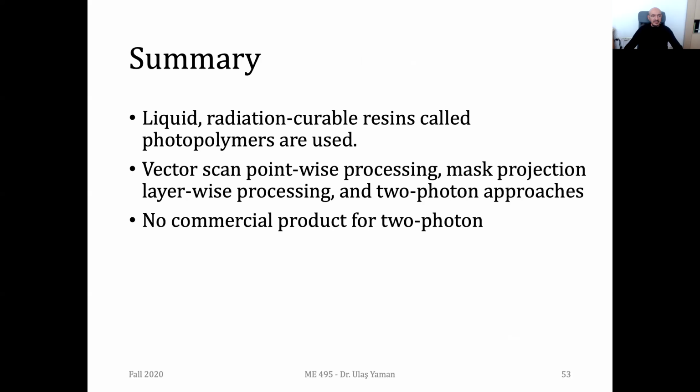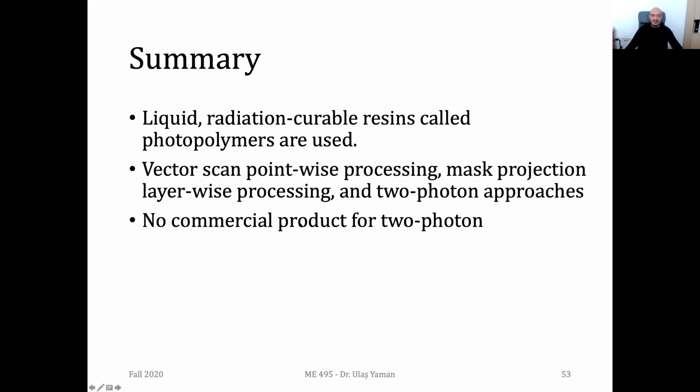So in summary, we said that we are using special polymers. They are photopolymers and they can be polymerized with the help of radiation. And we can do it point-wise with the help of lasers, or we can do it layer-wise by using a kind of projector or light engine, or we may do it by using multiple lasers at the same time, like in the case of the two-photon approach.